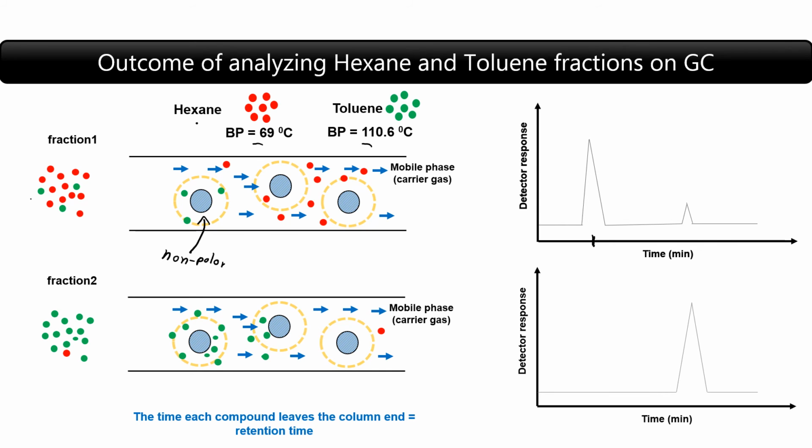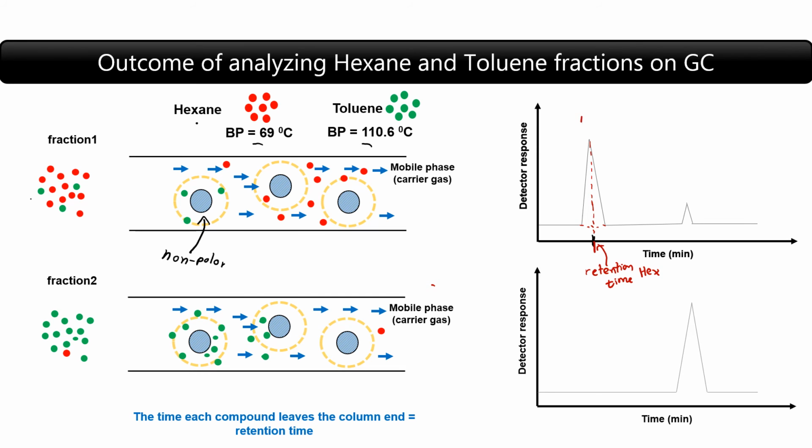So to get the retention time for your compound, you should draw a line from the point of the peak perpendicular to this baseline and the x-axis, and where it meets the x-axis, that is the retention time for hexane.